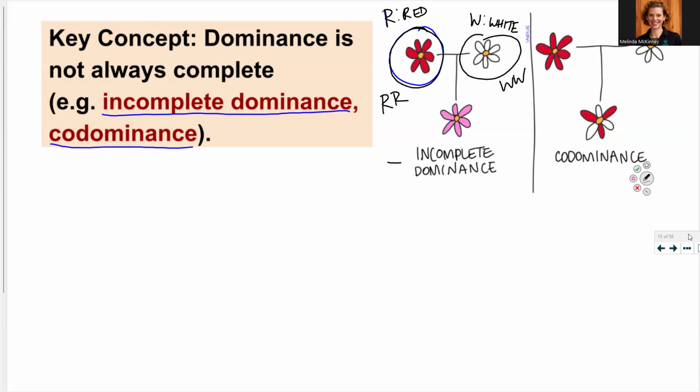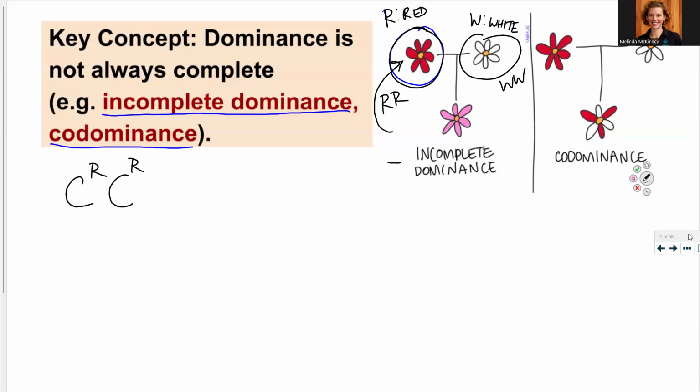But because we are using a new framework, we're going to write these as a superscript. For the red, we're going to put it on top. So the red flower is C superscript R, C superscript R.